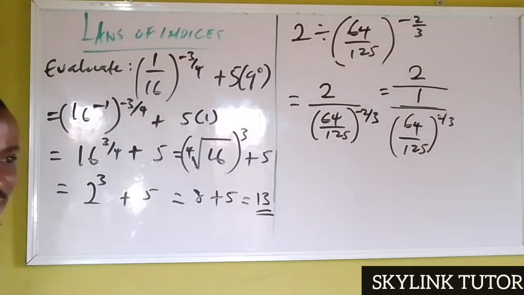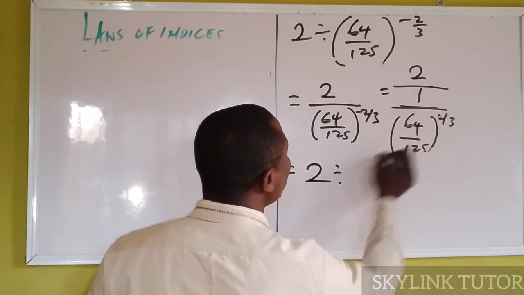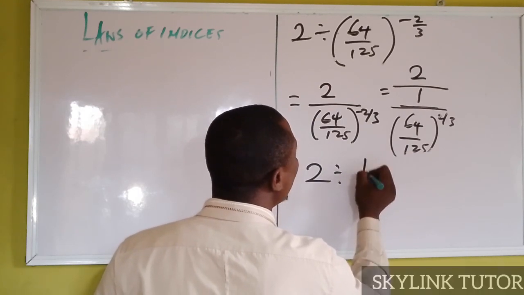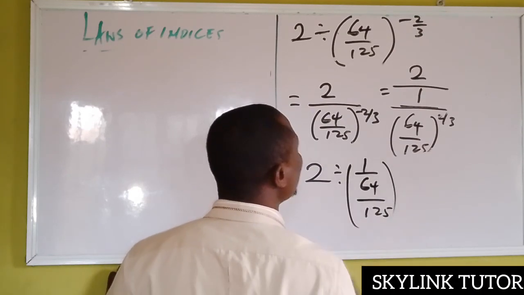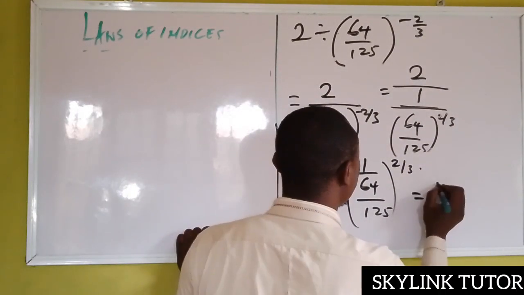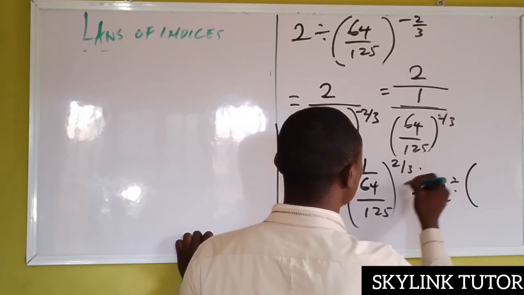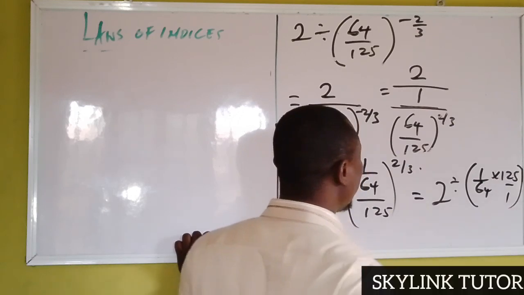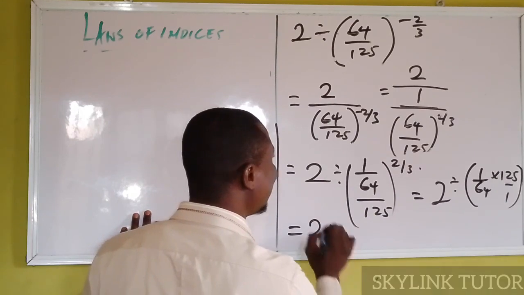Am I still making sense? Look at this. You are going to have your 2 divided by 1 over 64 over 125, over 2 over 3. At the long run, you are going to have 2 divided by 1 over 64 times 125 over 1, according to the rule of division.